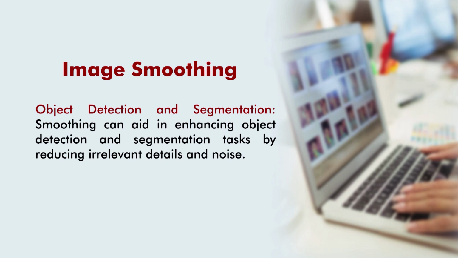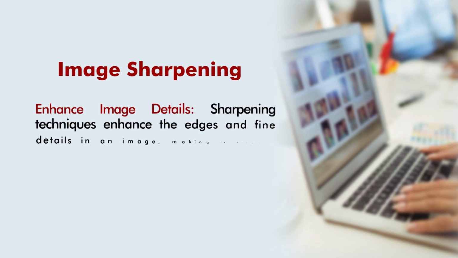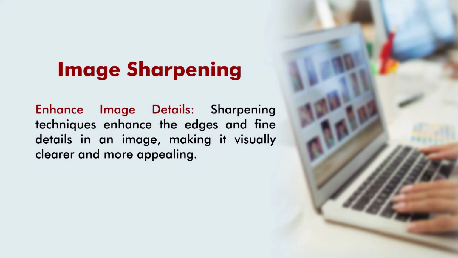In this case smoothing can aid in enhancing object detection and segmentation tasks by reducing irrelevant details and noise. Those irrelevant details we can say are like the background, and if we want to extract a particular object, we have to remove that background. According to that we can calculate which one is better. So, image sharpening enhances image details through sharpening techniques.